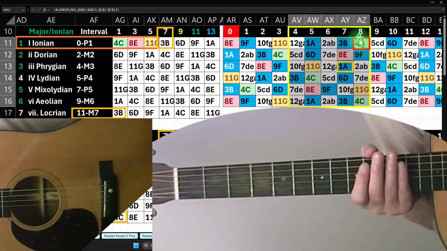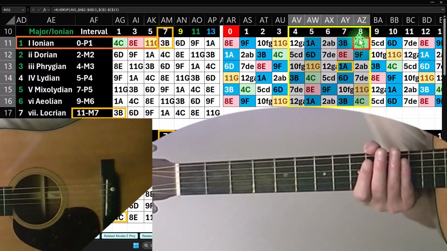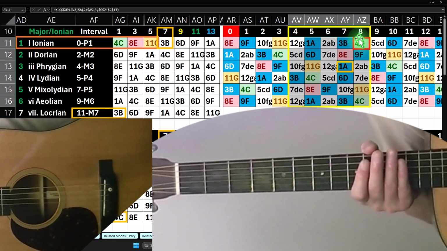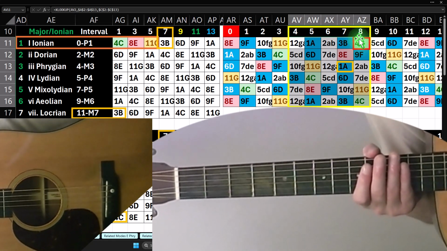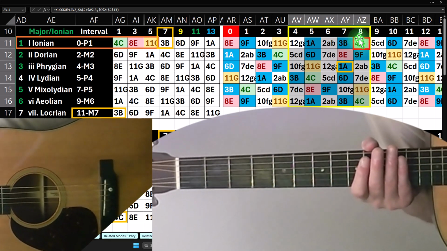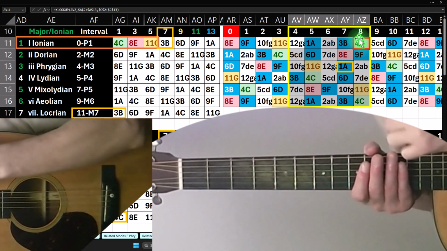So we can learn everything that way, and then we could of course shift the shapes up. If I wanted to play a D major scale and the related modes, I can just shift the whole shape up as we would in an Excel worksheet. Everything is moving in a relatable position. It's difficult to do that in practice with your fingers because your fingers don't work that way.